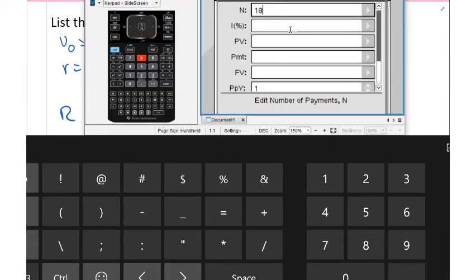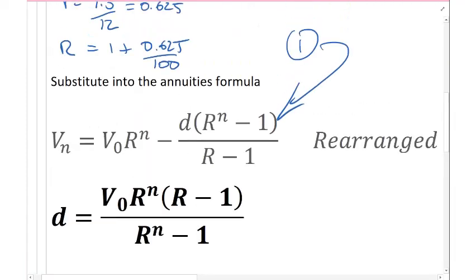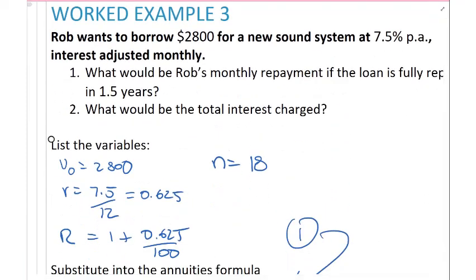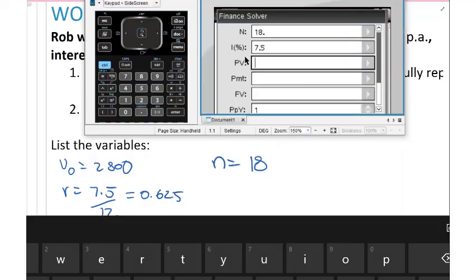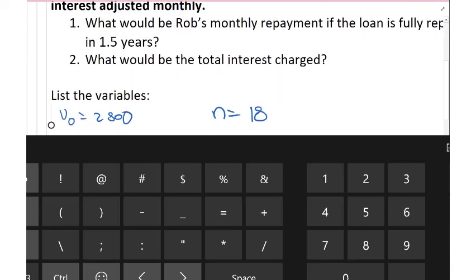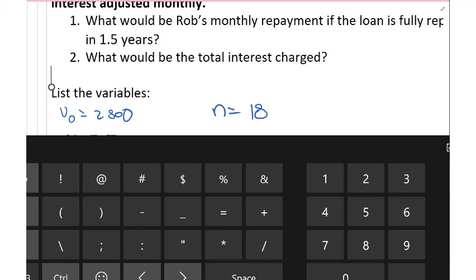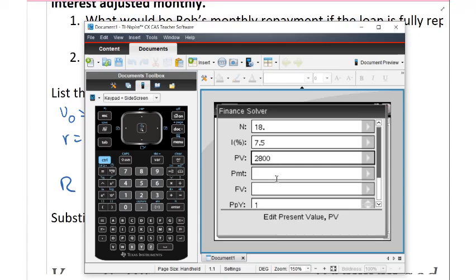Okay, we said our interest was, I think, 7.5. Our principal value was 2,800. We're after payments, so we're going to leave that.